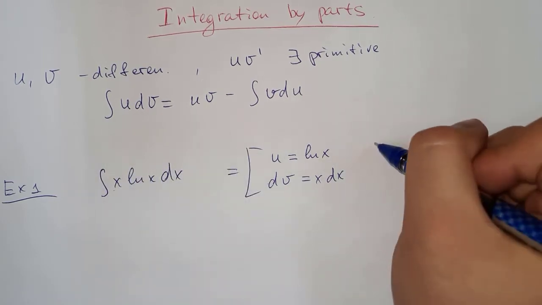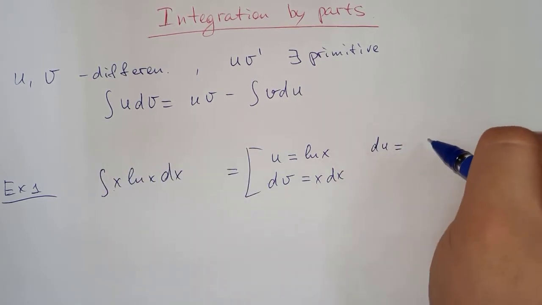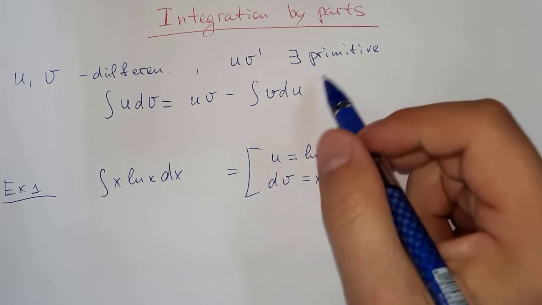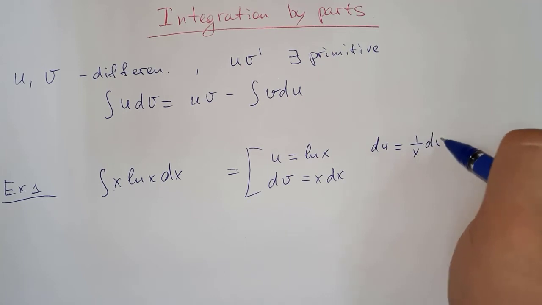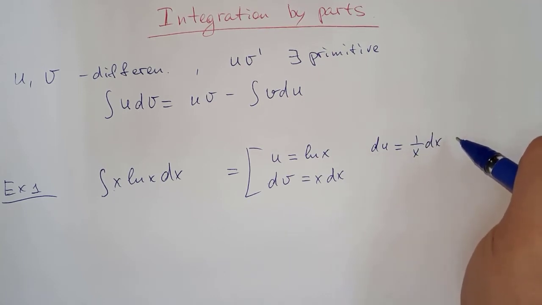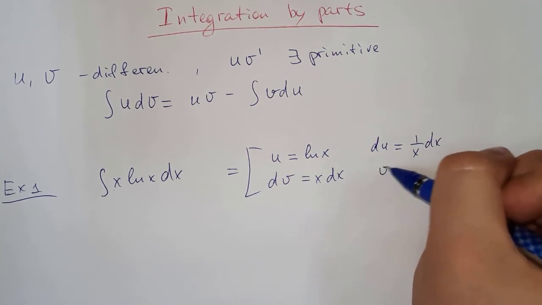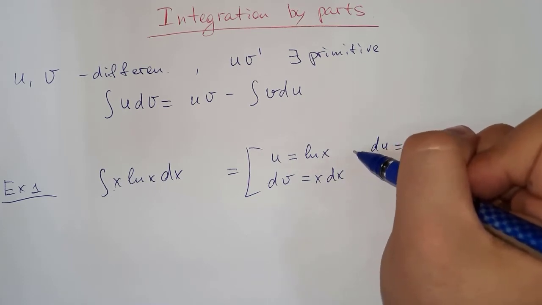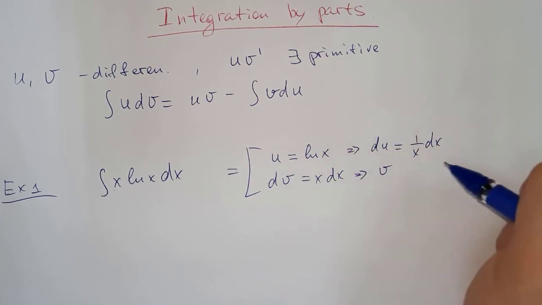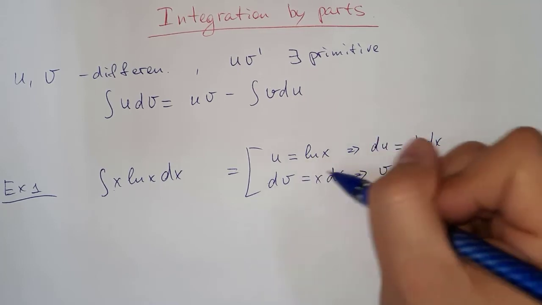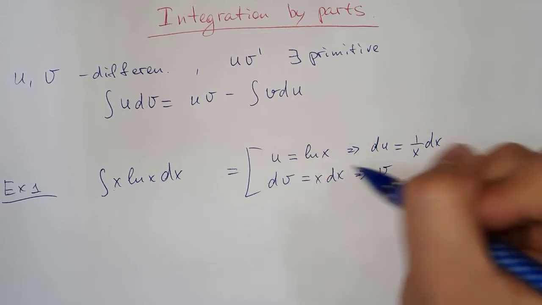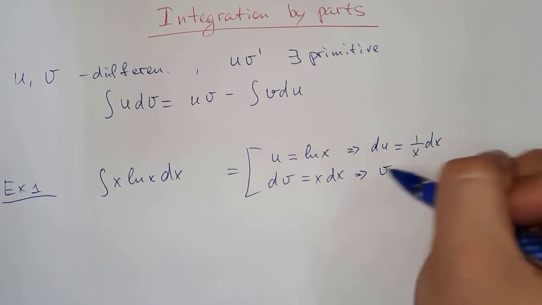So now let's find du. This is the differential of u, and this is 1 over x dx. And here we need to find v, which is the integral of x dx, the inverse operation to the derivative.